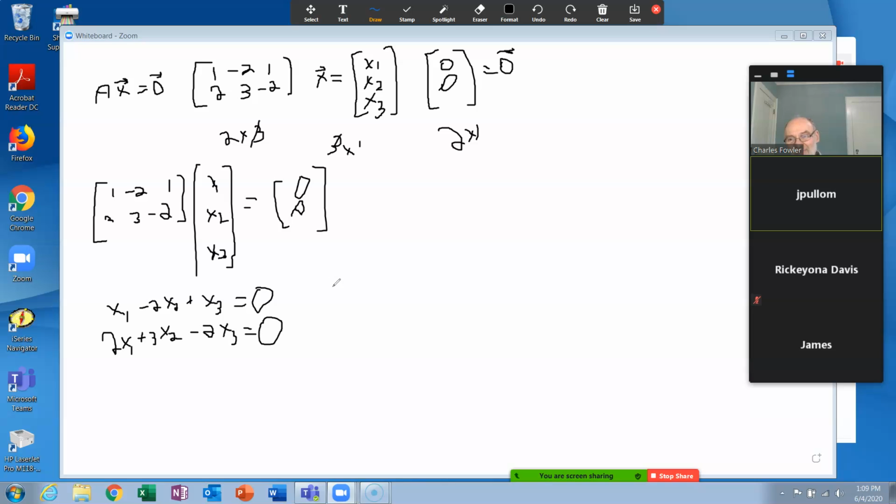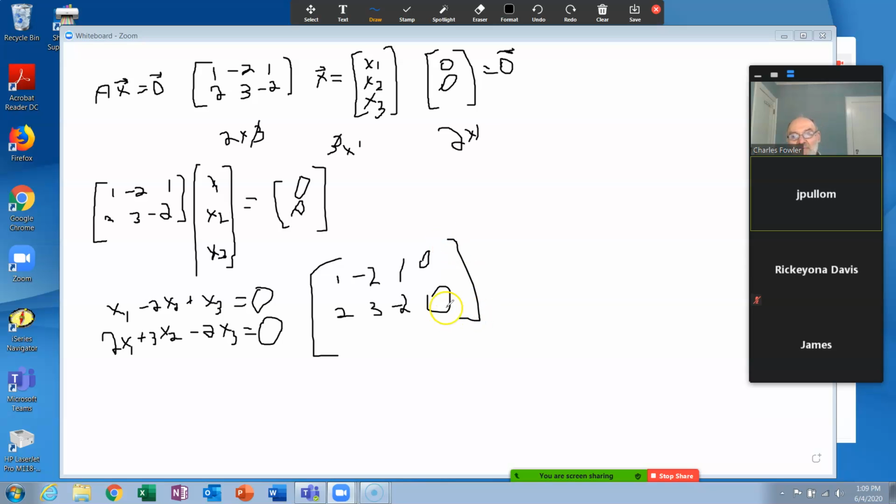So basically, we write our coefficient matrix, which it seems like we should have done from the very beginning. 1, minus 2, 1, augment it with the solution, 0, and then do a 2, a 3, and a minus 2, and augment that with its solution, 0, and then do Gauss-Jordan elimination.